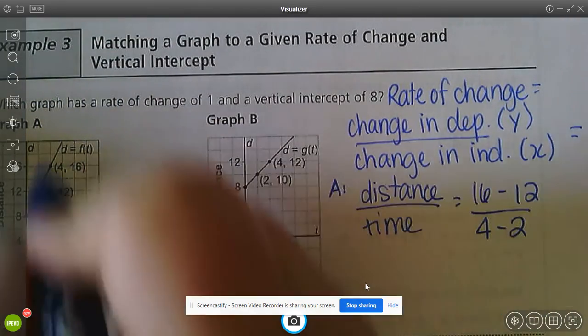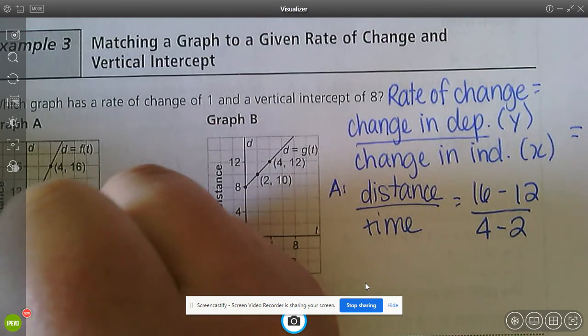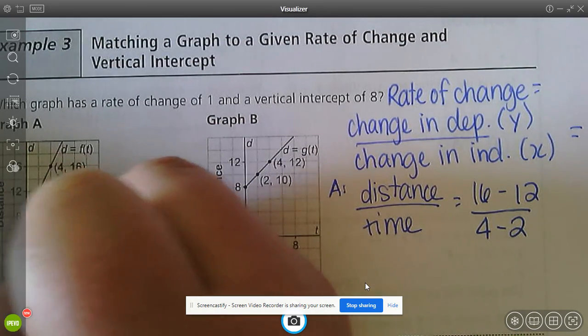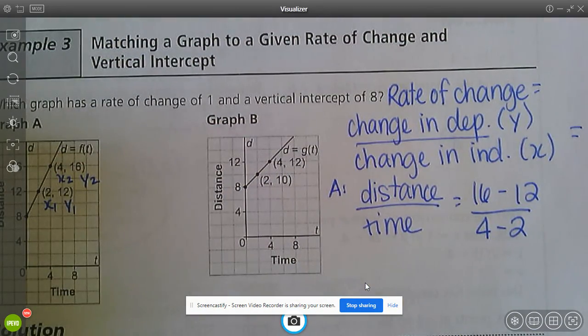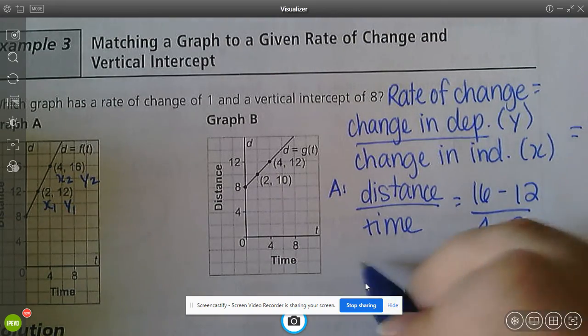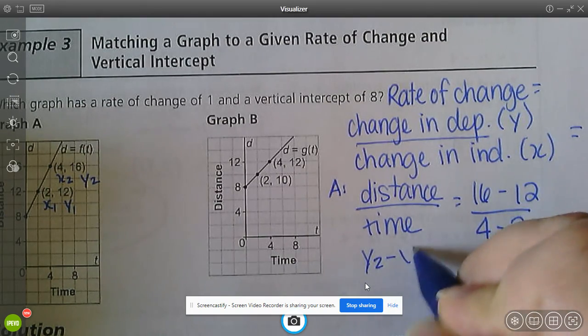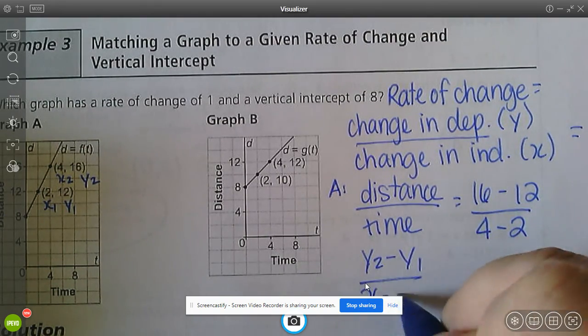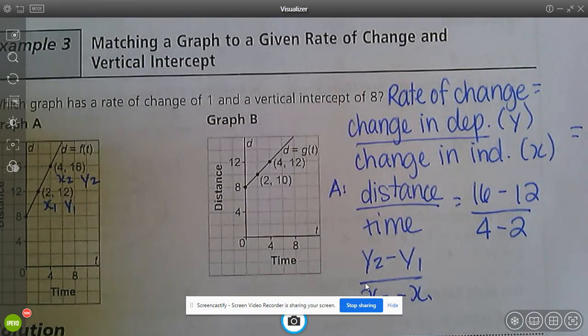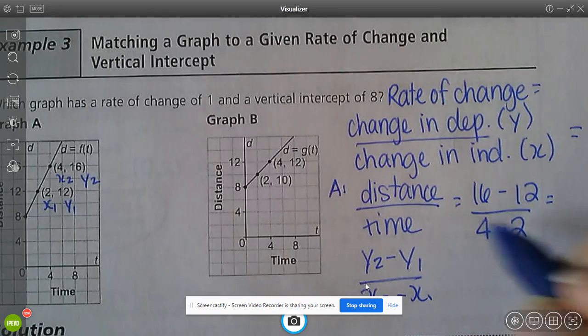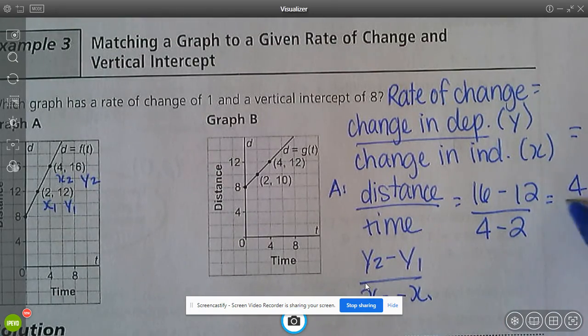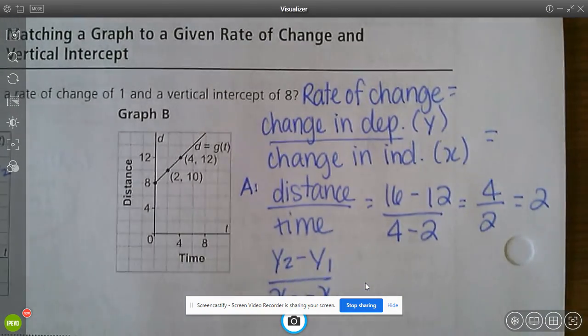So you can label these as x1, y1, x2, y2. If it makes it easier, you can think of this as y2 minus y1 divided by x2 minus x1. Just another way to think of it. So if we do our math here, 16 minus 12 is 4, and 4 minus 2 is 2. So our rate of change for graph A is 2.